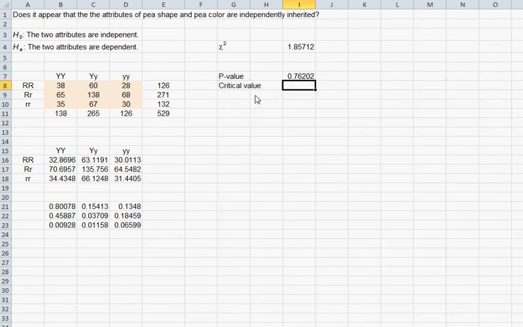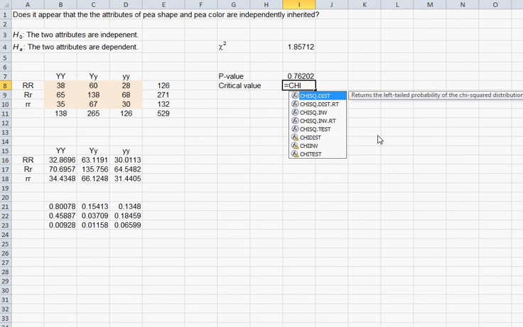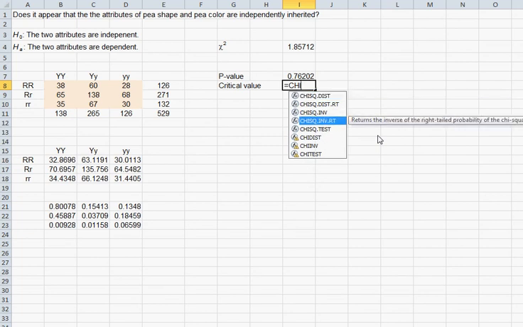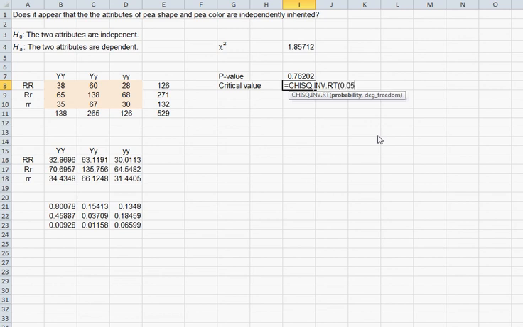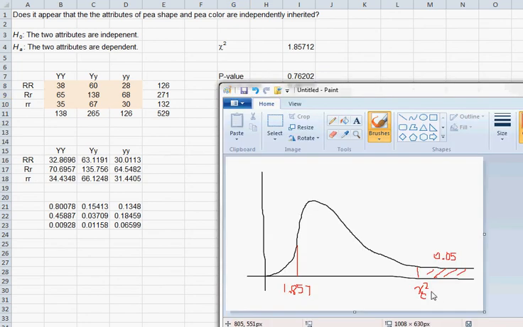Now I can do this in Excel by using the command chi-square inverse RT. That returns the critical value, if I have a probability of 0.05 and 4 degrees of freedom. That cutoff value is approximately 9.488. So this number here is about 9.488.